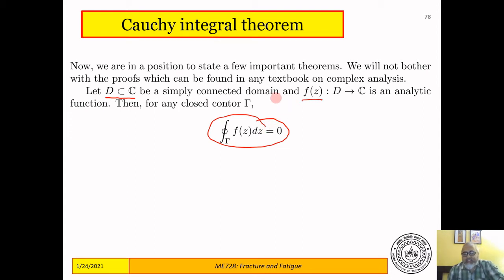So if f(z) is an analytic function in that domain and your contour lies completely within the domain, so if your contour encloses no point where f(z) is not analytic, then the contour integral is 0. This is a very, very powerful statement. So let's see how this is used.